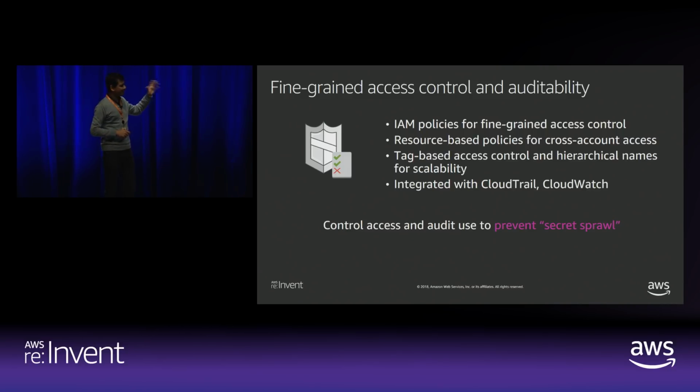So the next thing I'll call out on this slide is tag-based access control. Secrets Manager supports the ability to tag secrets, and this makes it really easy to organize your secrets and use them. Okay, let me give you an example to make this more relatable. Let's say you have a team called team equals Odin.